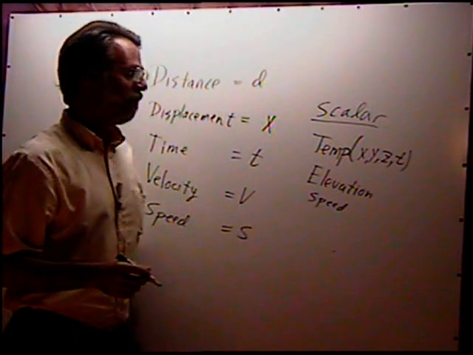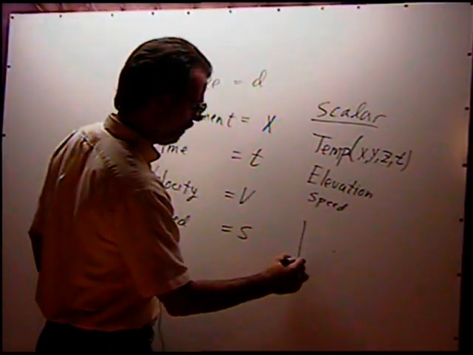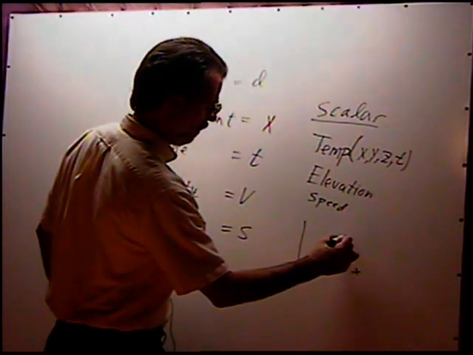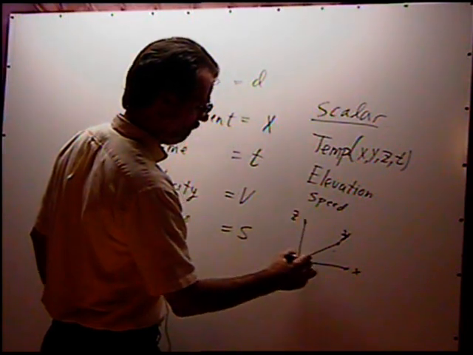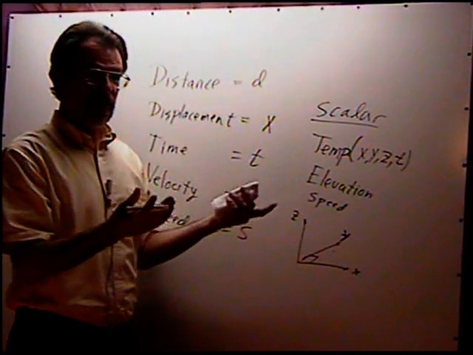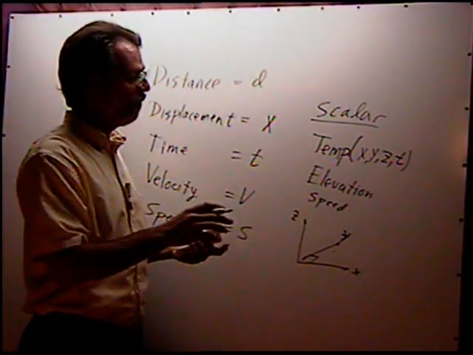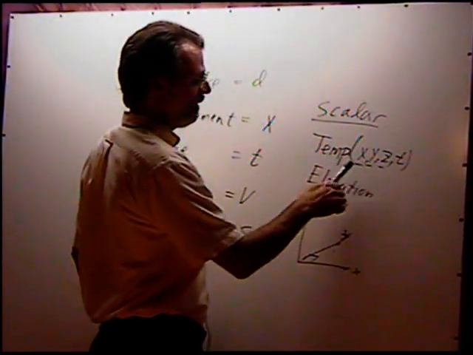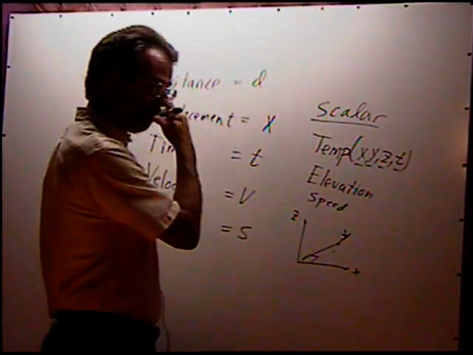Suppose we have an x, y, z coordinate system. Like we take a room and you take the 3 walls of a room, x, y, and z coordinates. We can specify the temperature at any of these coordinates, and also the temperature may vary in time.